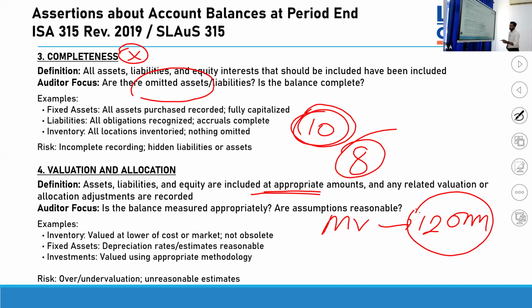Let's say the actual valuation of this motor vehicle is 150 million, but you have recorded it as 120 million, then there is a valuation error. Those things should not be there in your financial position, right?